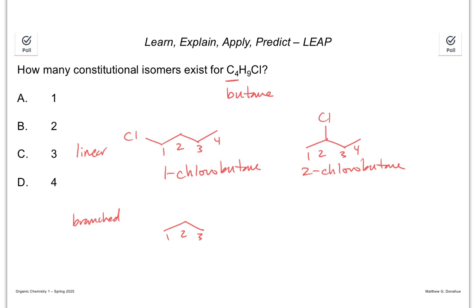The methyl group has to go at position 2. And then we have the chlorine we can stick back in. We can put it at 1. So that would be 1-chloro-2-methylpropane.